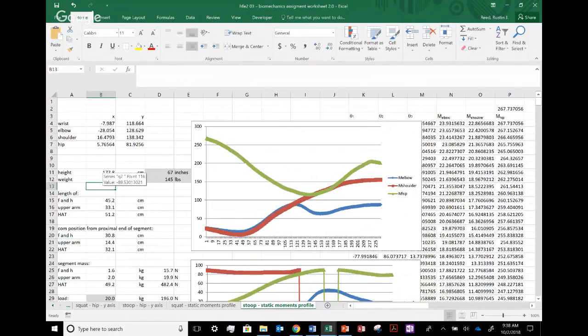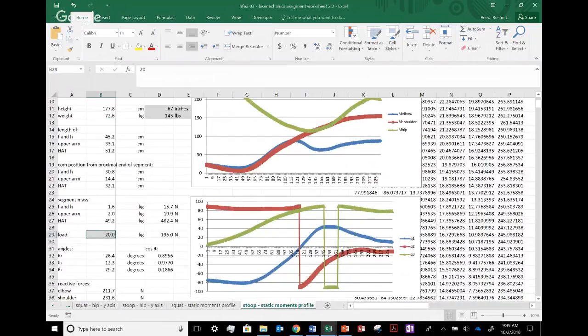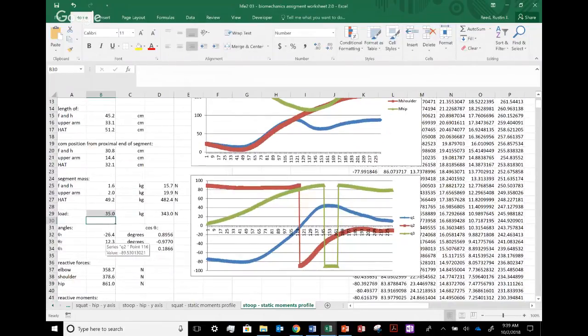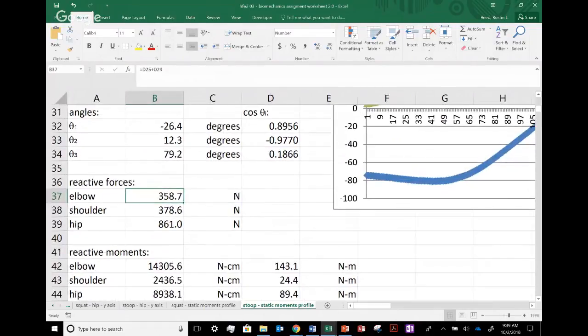So it does all the math for you. Also the load, which in this case, I think it was 35 kilograms. You can see everything is updated, and you have the reactive moment and the reactive force. These are the two that you would be interested in. Let's see if I can zoom in there. So those are the answers.